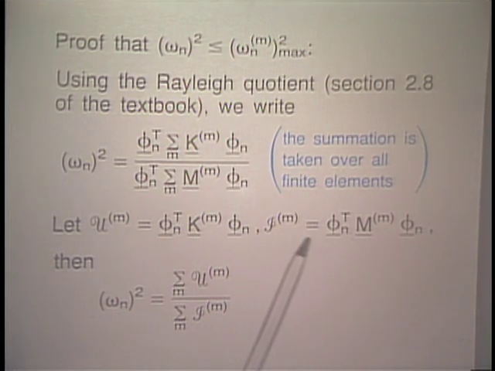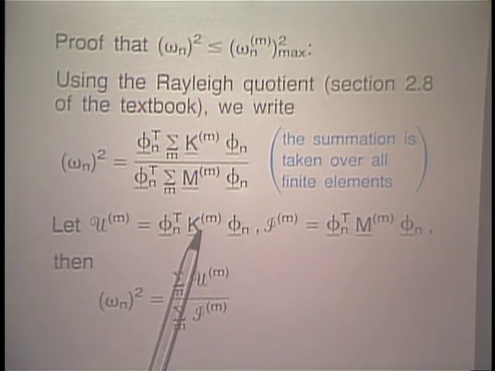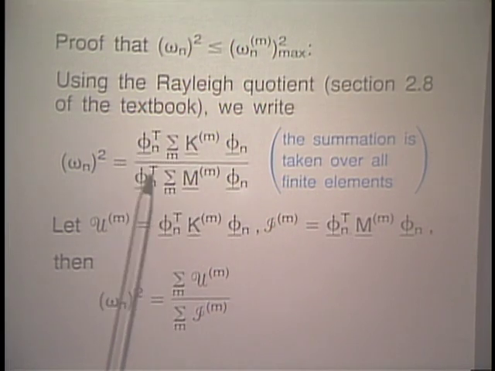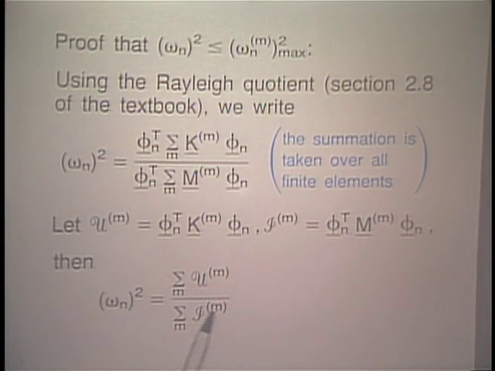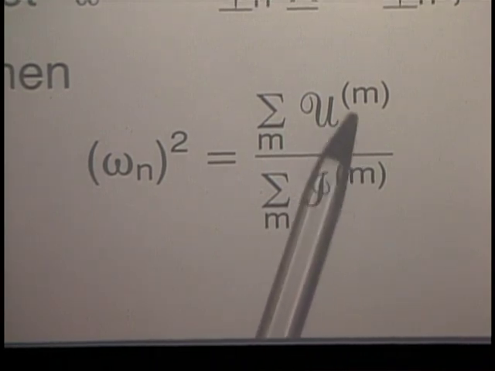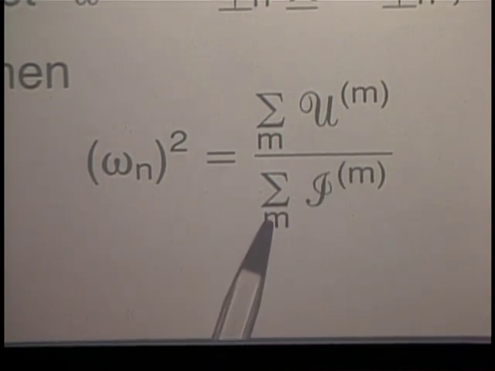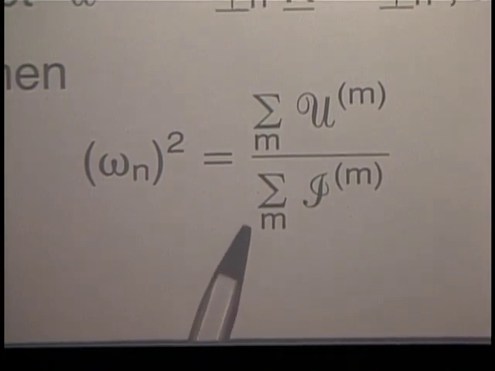Once again, just a definition. Then, by simply substituting from here and there into this relationship here, we surely can write this equation as shown here. We are summing over all the u's and we are summing over all the i's. M going over all the elements. If you have 1,000 elements in the mesh, then M would go from 1 to 1,000.